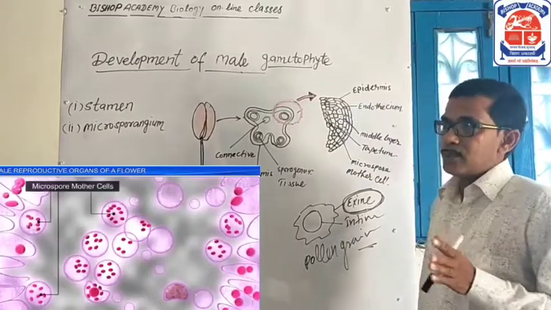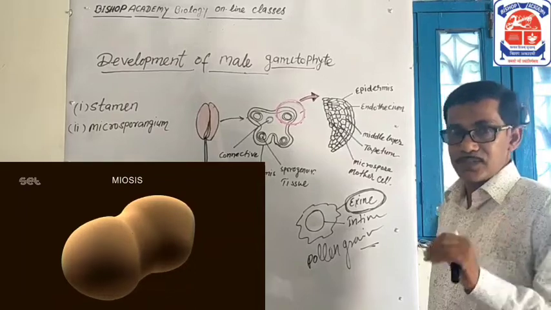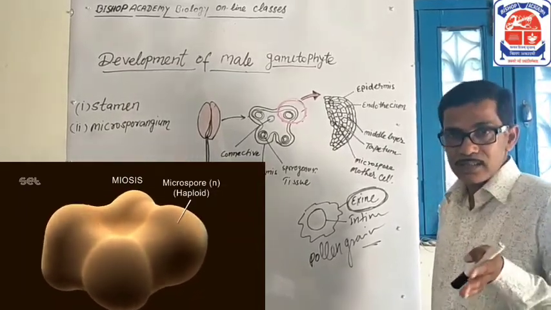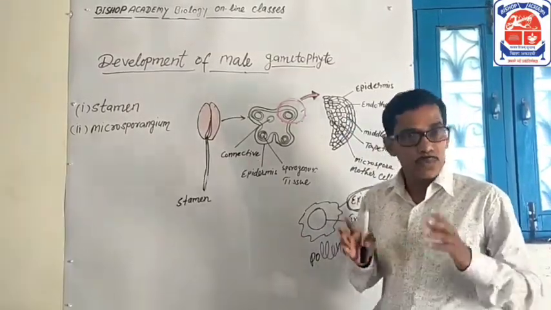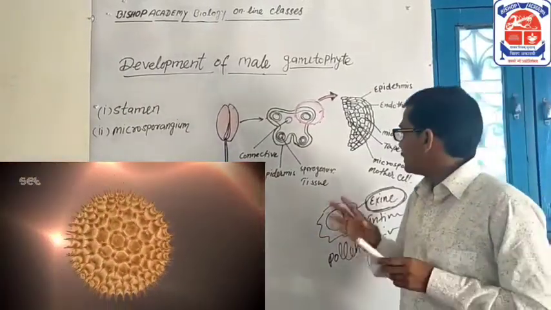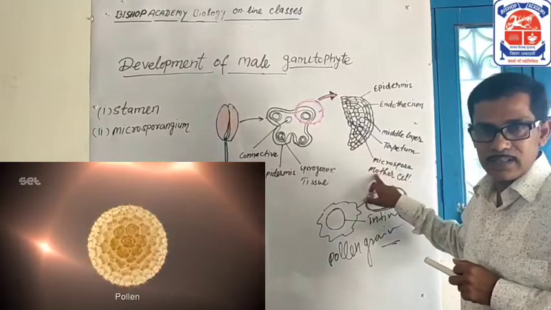By the process of meiosis, division takes place and it forms microspore tetrads. Microspore tetrads further develop into microspores. Microspores are also called pollen grains, and these are formed from the microspore mother cells.